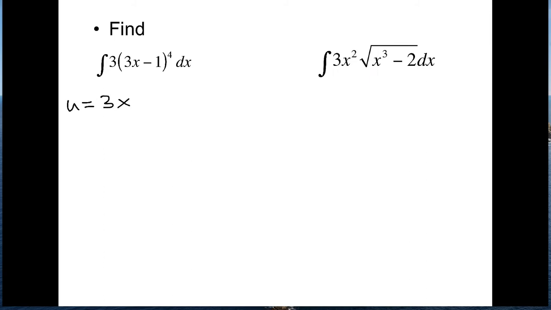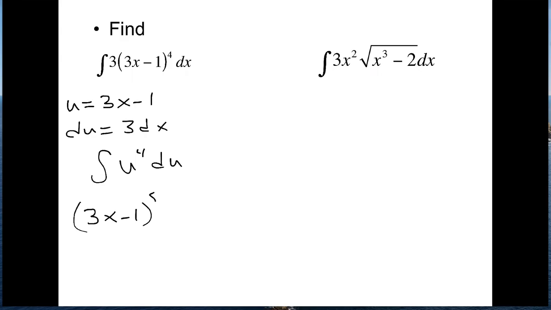u equals 3x minus 1. du is equal to 3 dx. This is the integral of u to the 4th du. So this is 3x minus 1 to the 5th divided by 5 plus c. Over here, u is equal to x cubed minus 2.